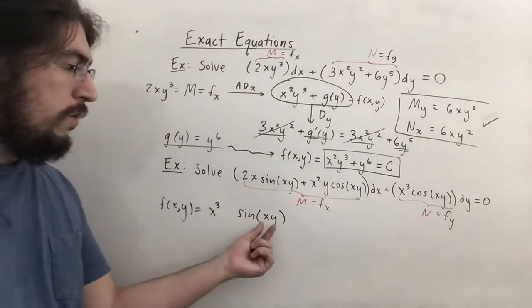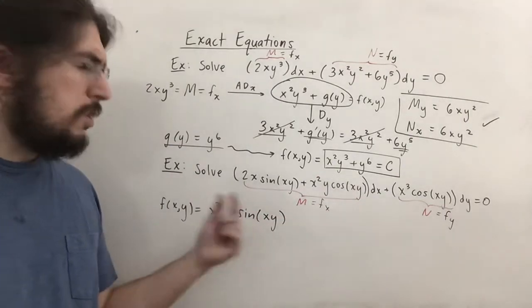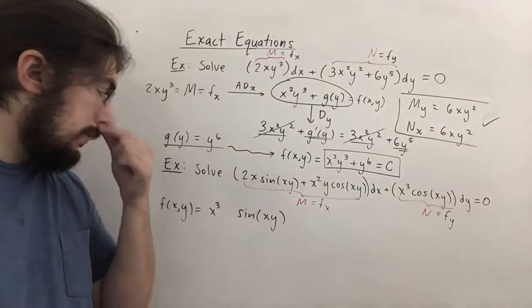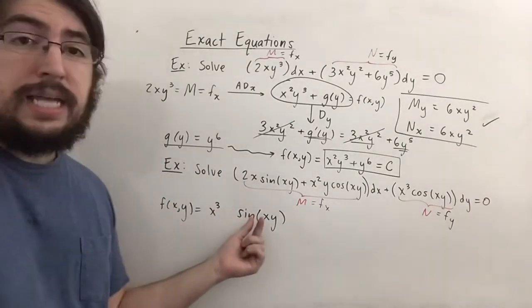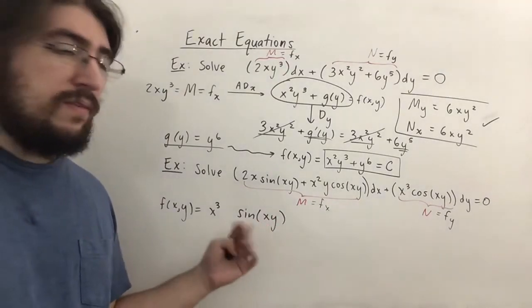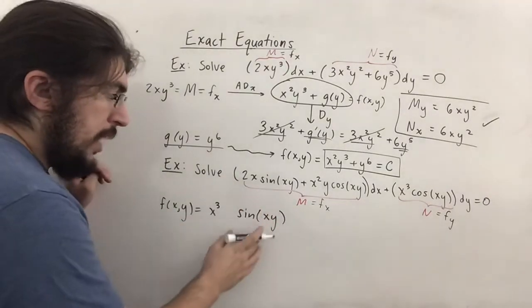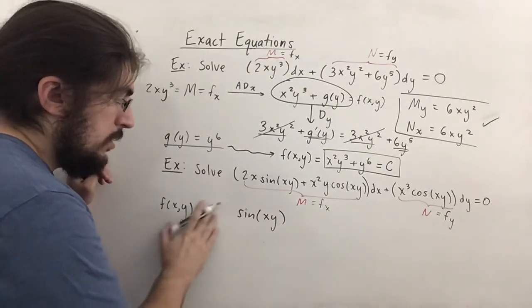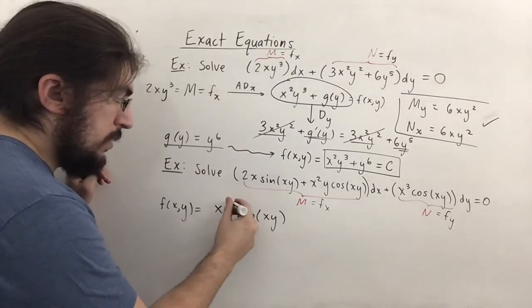Now the antiderivative of, derivative of xy with respect to y is just x, because you drop the y. Right? Derivative of y is 1, so derivative of xy is just x. So by chain rule, we need to divide by x. So long story short, we get x cubed over x, which is just x squared.